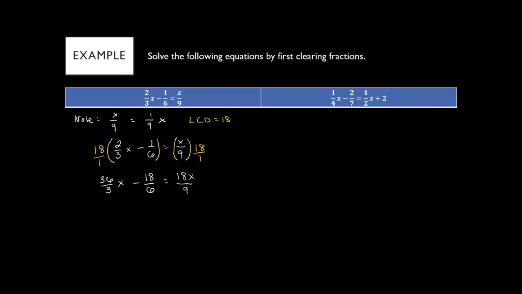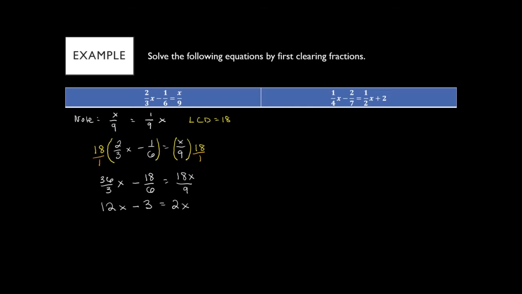Now I'm going to divide each of these fractions. They're all going to come out to whole numbers. 36 divided by 3 is 12, so we get 12x. Minus 18 divided by 6 is 3. And 18 divided by 9 is 2. So I get 12x minus 3 equals 2x. Now we don't have any fractions. It took a couple of steps.